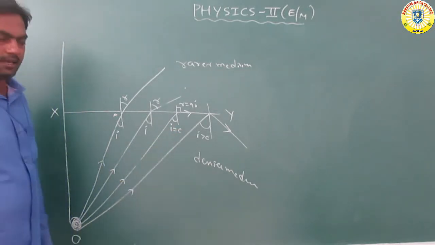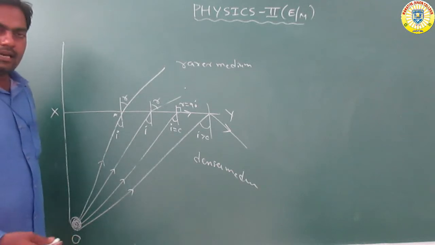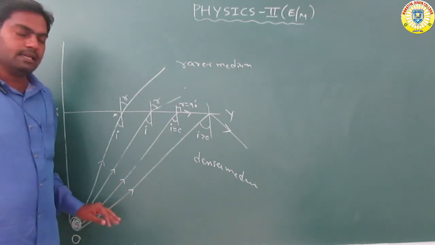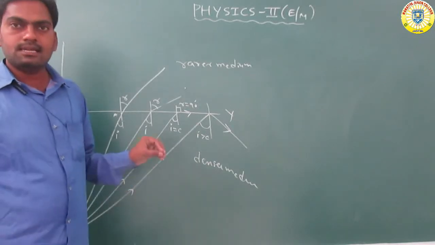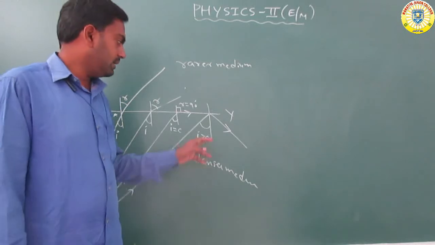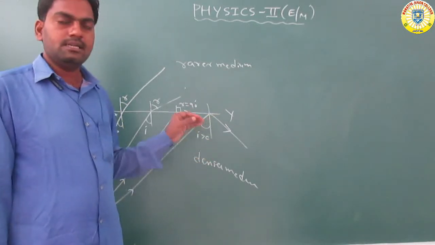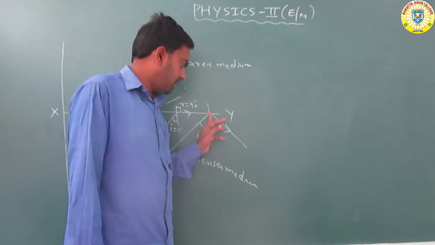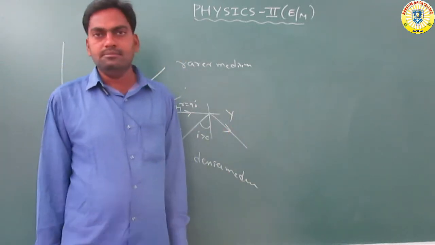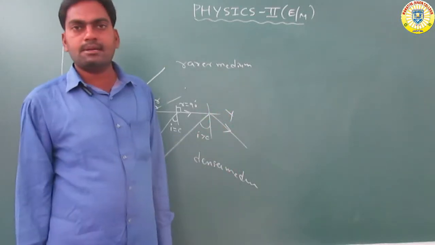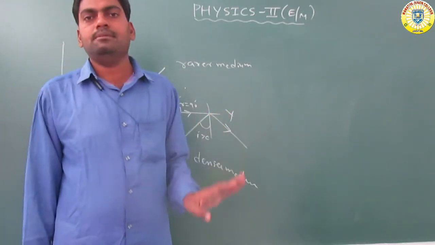Now, if the angle of incidence is increased further, greater than the critical angle, there is no refraction. The light ray is not refracted but travels back into the denser medium, the same medium.